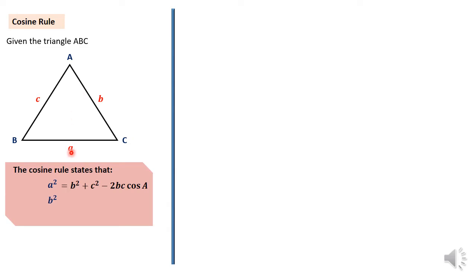Similarly, b squared is equal to the sum of the squares of the two others, a squared plus c squared, minus twice their product, 2ac cos capital B, like we have there, and c will be done in a very similar way. It'll be a squared plus b squared minus 2ab cos capital C.